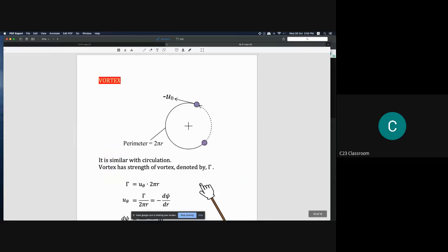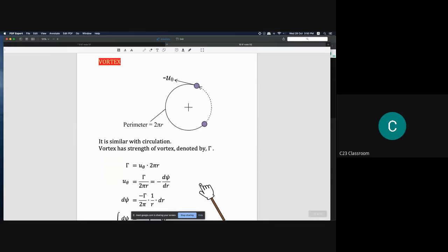Okay, this is the vortex. Because we have a polar coordinate, the nature of fluid is sometimes that fluid rotates at a certain area, like tornadoes or a vortex. So we have the situation of one molecule here rotating on a circular path like this.